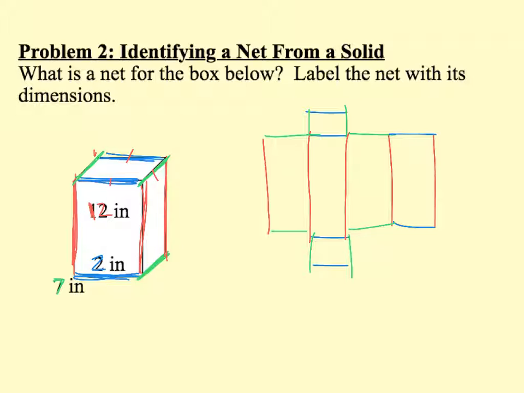All of the green lengths are 7. So if I went around 7, 7, 7, 7, our blues are all 2, and the reds are all 12. Okay, so this is our net of our box that's right here.